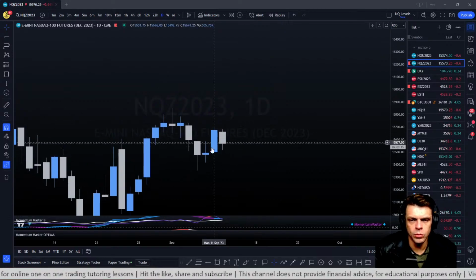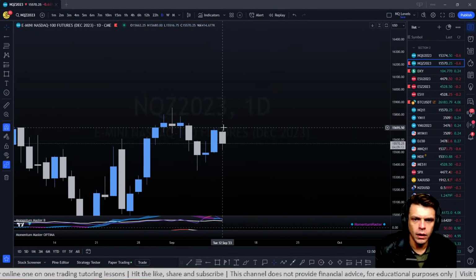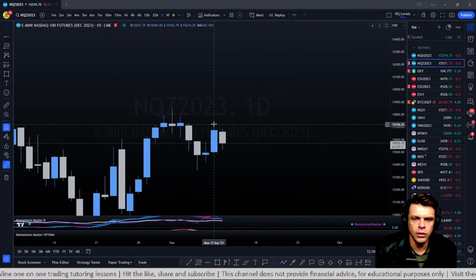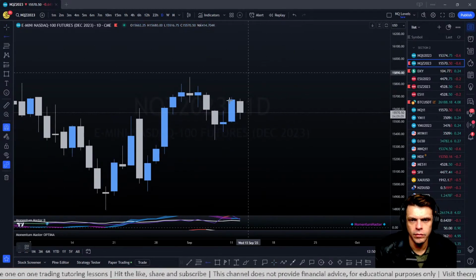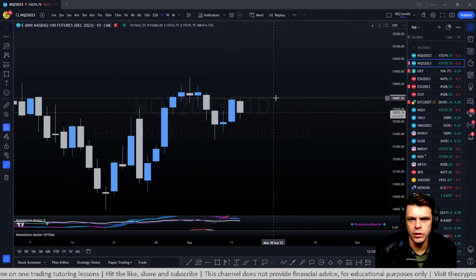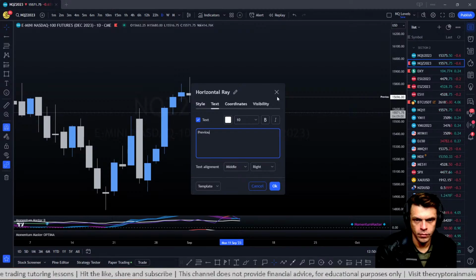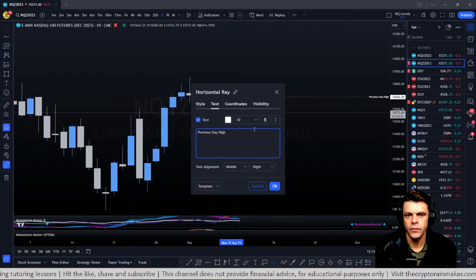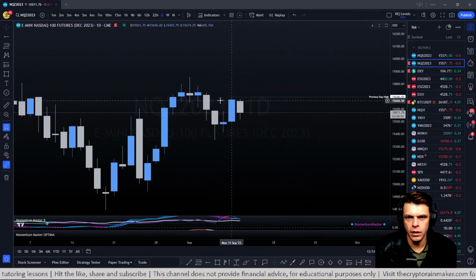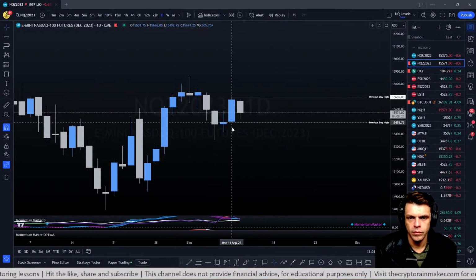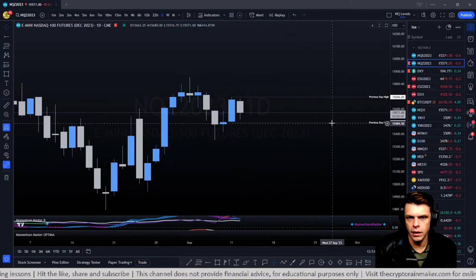So I really thought this morning that we would at least take out the previous day high before reversing, but that obviously didn't happen. That's the previous day high, previous day low.